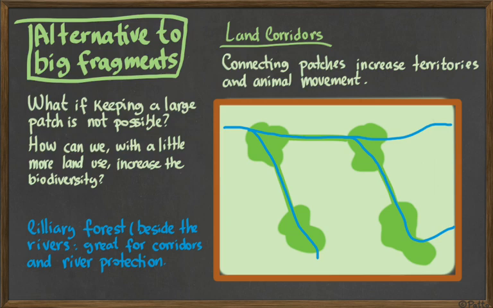So that's the way for us to preserve. If you have a farm and you do have to cut down to produce food, one idea is to keep patches as big as possible, but if they cannot be continuous, connect them with corridors, especially with river corridors, ciliary forest corridors, and you're going to have a much bigger biodiversity in there.